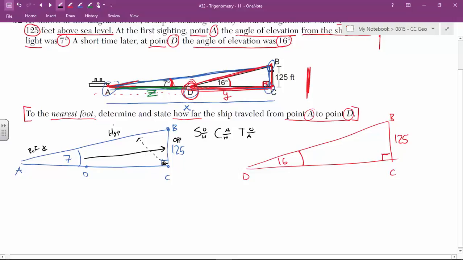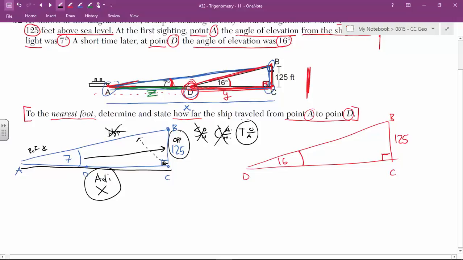What I'm interested in is the adjacent. I'm interested in this side. I want to know what that length is. So when I do trig, I'm going to use the adjacent and the opposite. And that's not sine, because that's opposite over hypotenuse. That's not cosine, because that's adjacent over hypotenuse. We don't care about the hypotenuse. This is going to be tangent.